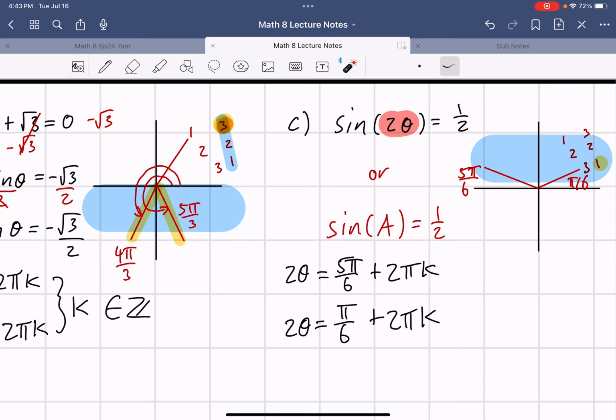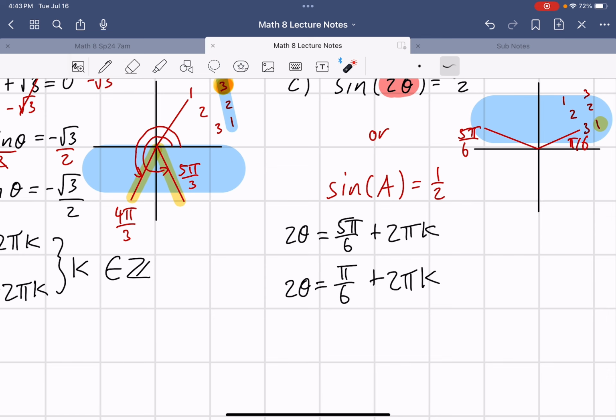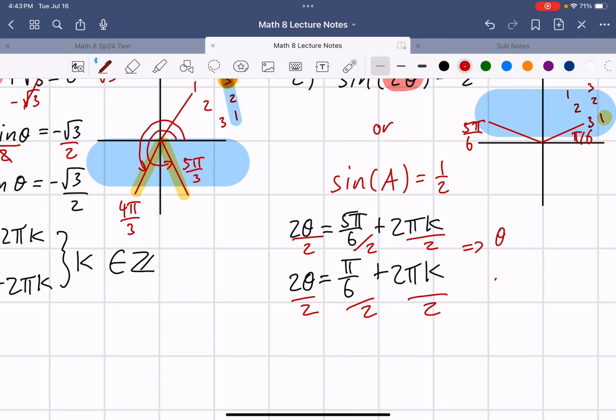But I'm ultimately trying to solve for theta. I'm not trying to find just when sine is equal to 1/2. I want to find when sine 2 theta is equal to 1/2. So to solve for theta, I'm now just going to divide every term by 2. That isolates our theta for both of them.